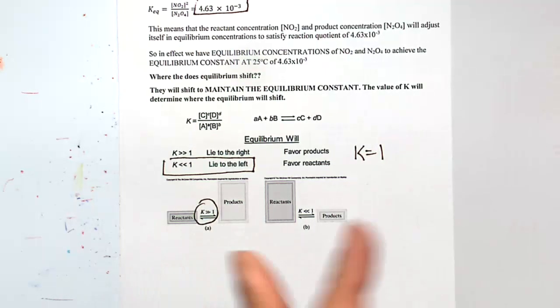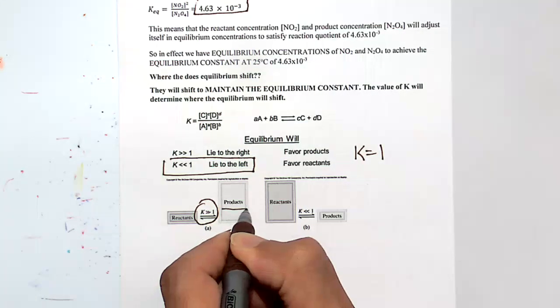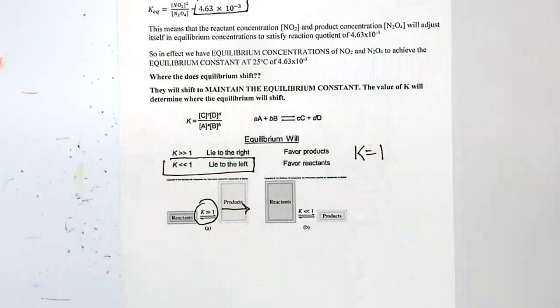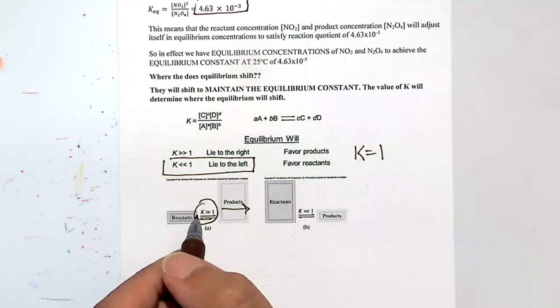Remember I gave you the example, if we have $1 million, are we moving forward or backward in life? We're moving forward in life. Now K is unitless, so instead of dollars, we have no units. But if you have $1 million, you're moving forward in the reaction.